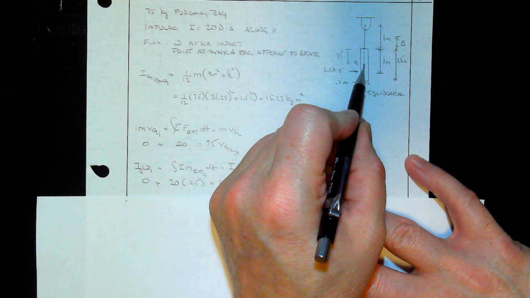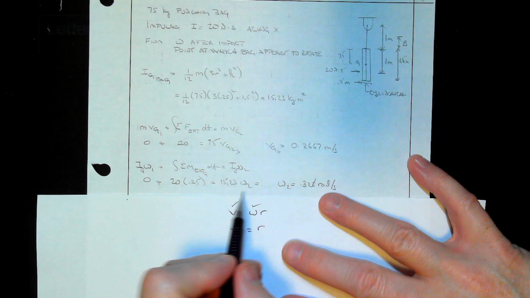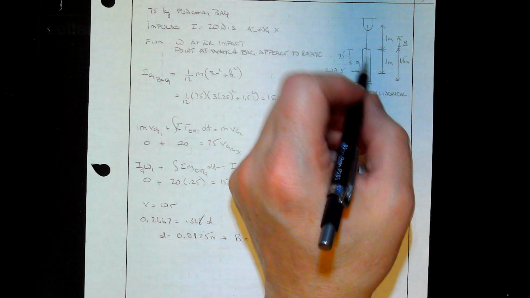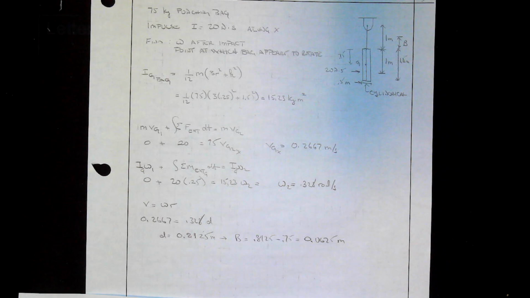So find the velocity at G and the omega after impact, and then divide the velocity by R to get the omega. Let me write it down: V equals omega R. If we form V over omega, that'll be an R somewhere up here where it'll look like an instant center. That's what they're asking here.